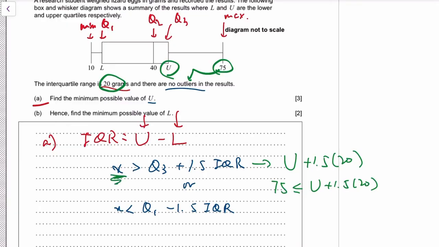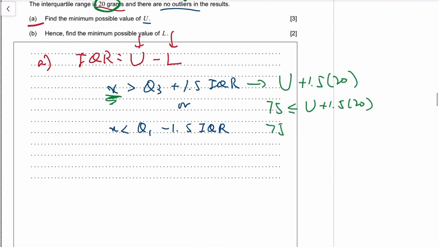Because had 75 been bigger than this, then 75 would be an outlier. So we just solve this. 1.5 times 20 is 30. Take it away from 75, 45. So that means U must be at least 45. So the minimum value of U is 45.